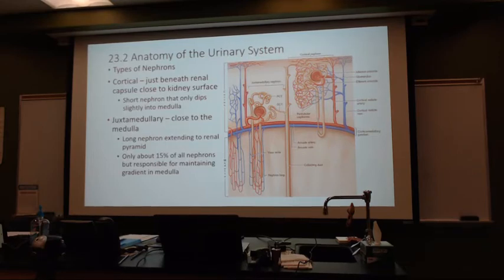Roughly about 22 liters, this is 5. About four to 6 of these are going to pass through your kidneys per day of fluid.